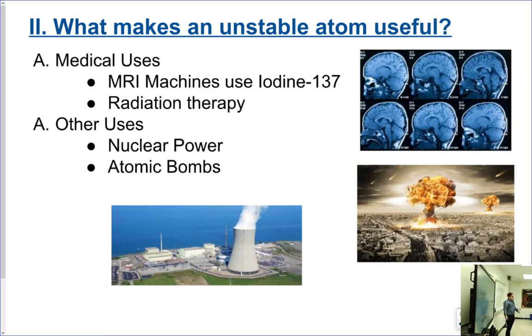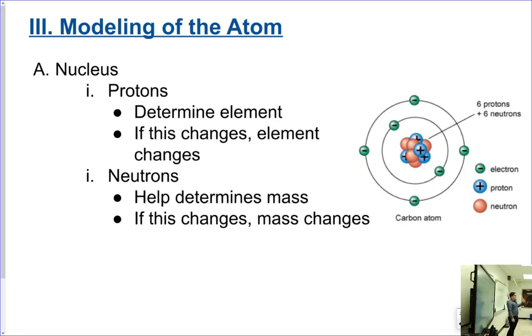Or radiation therapy, like chemotherapy, is targeted cell death with radioactive elements. I don't know which element off the top of my head. Some other uses for nuclear chemistry: nuclear bombs, or warfare, or nuclear power plants. The closest nuclear power plant to us is not that far away. It's at Purdue. So if you want to study nuclear chemistry and nuclear engineering at Purdue, you can literally get to play with a nuclear power plant.